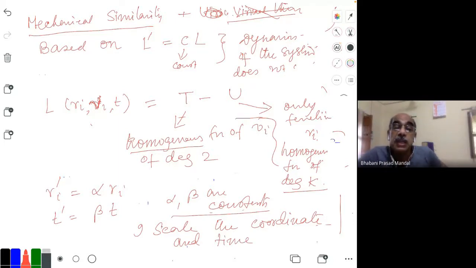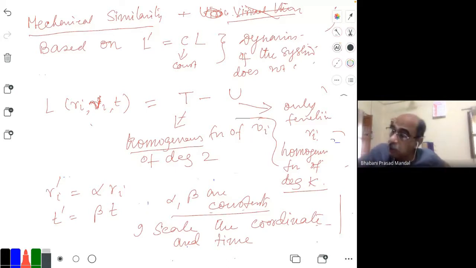Scale means, like a meter scale. You have centimeter and meter, so centimeter to meter is a 100 times multiplication. If you multiply meter by 100, then it will go to centimeter. Or if you multiply centimeter by 1 by 100, that is divide by 100, then you will go to meter.